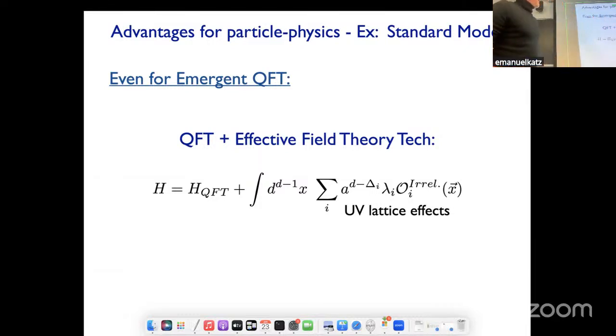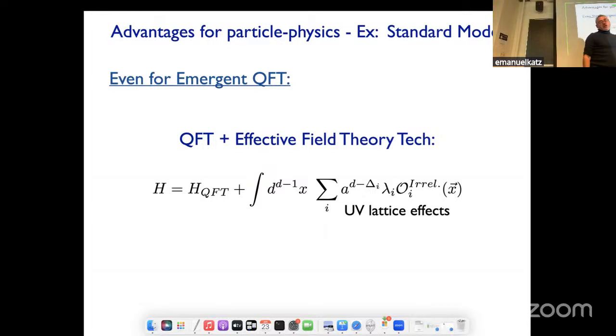It should be delta_I minus D. But the idea is that there's a series of operators, and if you understand the quantum field theory, you also understand these operators, and you could systematically parametrize various UV lattice effects.